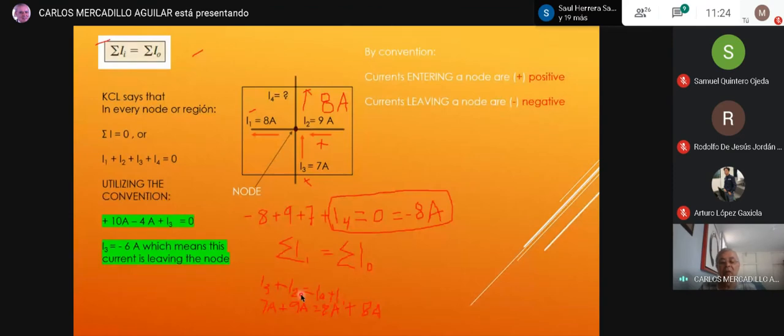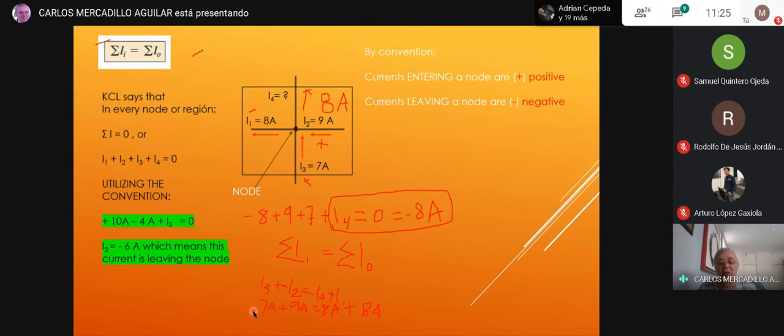Which are the outgoing currents? They are I4, this one, and I1. This is supposed to be a 4, and this is a number 1.